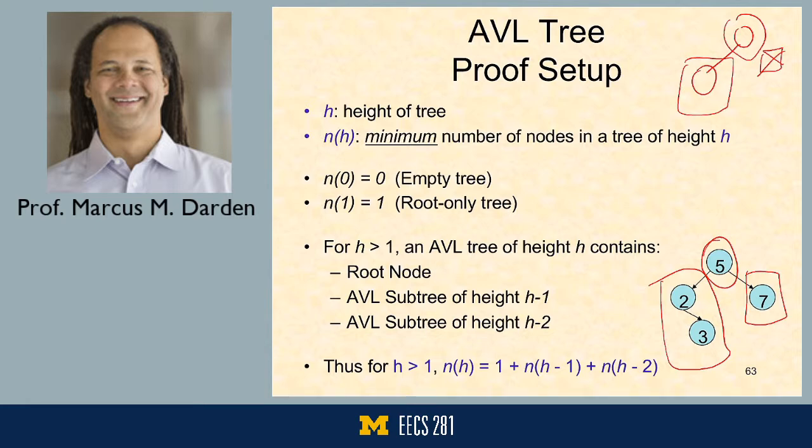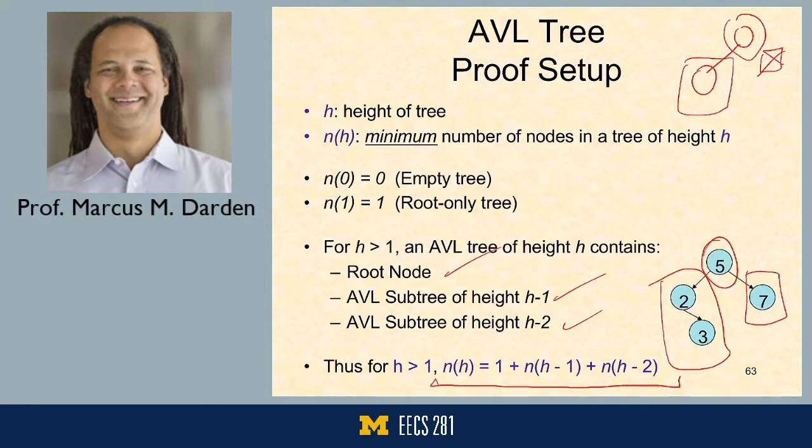So then I can put all that together in my recursive definition and say that n of h for h greater than 1 is just going to be the root node, the height of the tall side, h minus 1, and then the height of the small side, h minus 2. So for this nifty little mathematical expression, n of h in the non-base case is just equal to 1, the root node, plus the number of items in the tall side, plus the number of items in the small side.